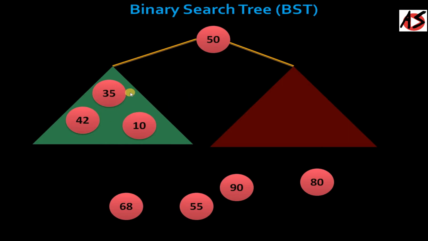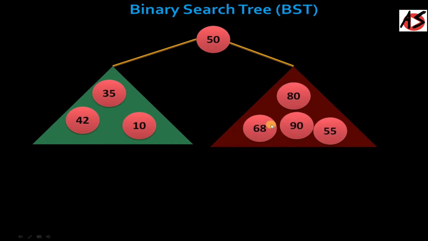So they will be inserted in the left subtree of the binary search tree, while the bigger nodes, 68, 55, 90 and 80, are bigger than the root node, that is 50. So you can insert them in the right subtree of this binary search tree.